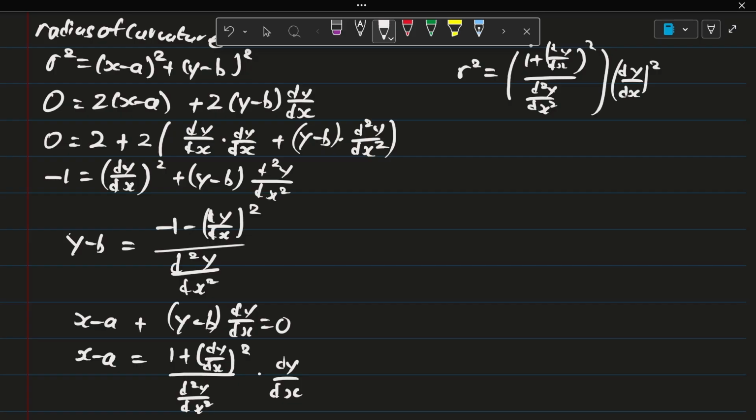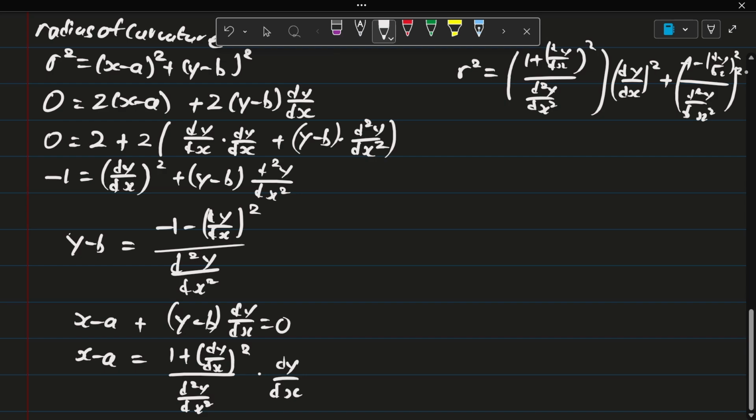And then you add this with the y minus b squared, which is negative 1 minus (dy over dx) squared over d squared y over dx squared, everything squared.